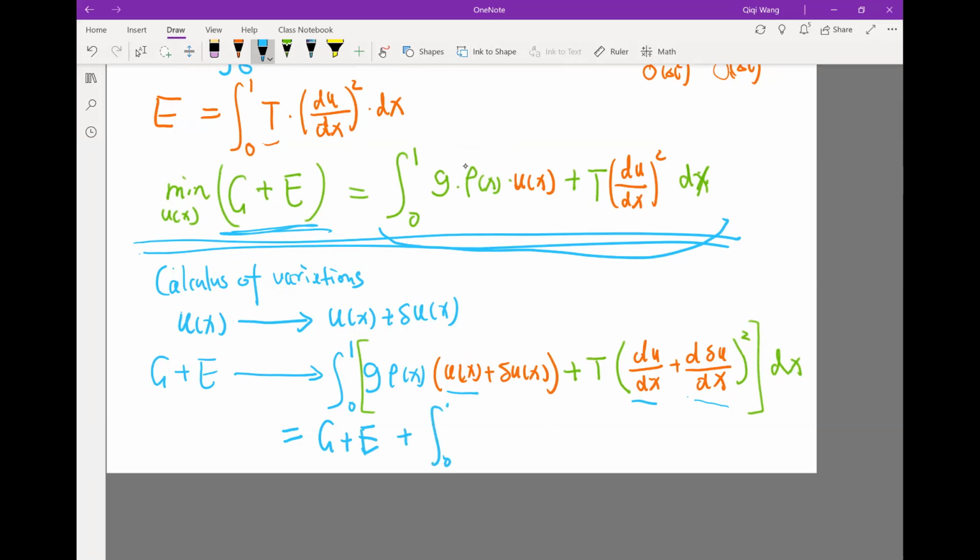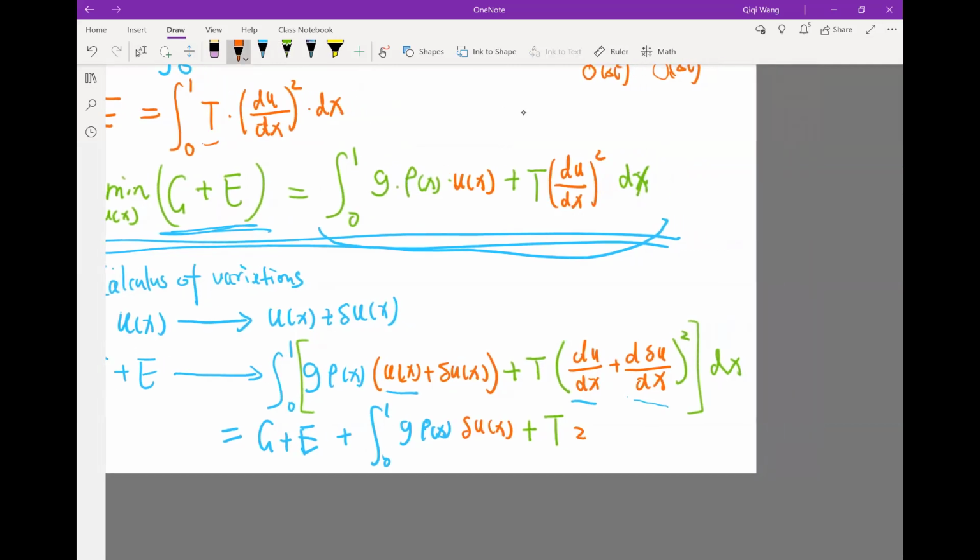Plus integration 0 to 1 g of rho x delta u of x, plus t times, and here's the important part, we get 2 times du dx times d delta u dx. All right, agreed?